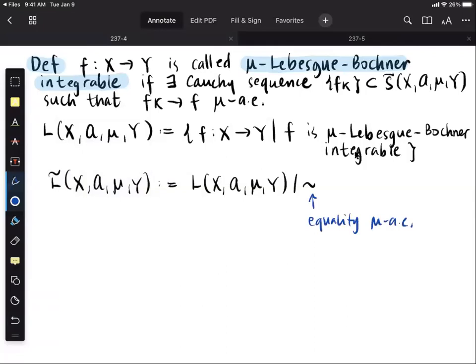Okay, so these are the Lebesgue-Bochner integrable functions. These are the almost everywhere limits of Cauchy sequences of simple functions.